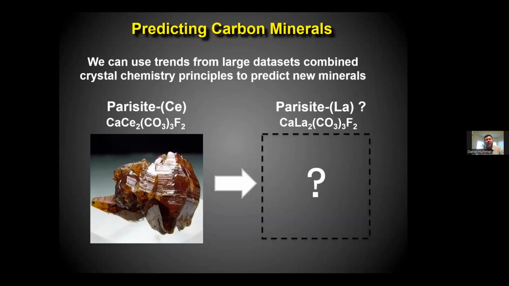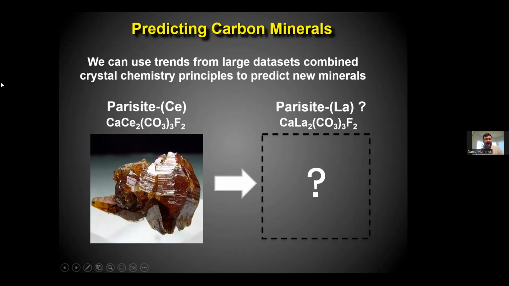Well, we know that the rare earths substitute for each other all the time. Okay, the rare earth metals are always substituting for each other. And in fact, in any given rare earth mineral, you normally have a mix. You normally have a distribution of different rare earth metals that is often dominated by just one or two of those metals.